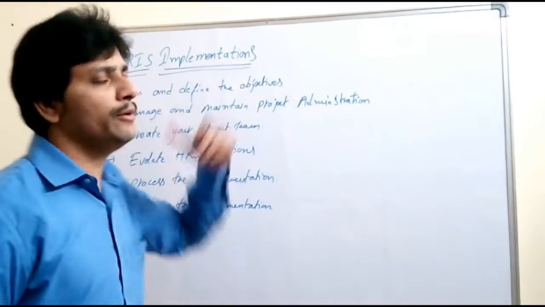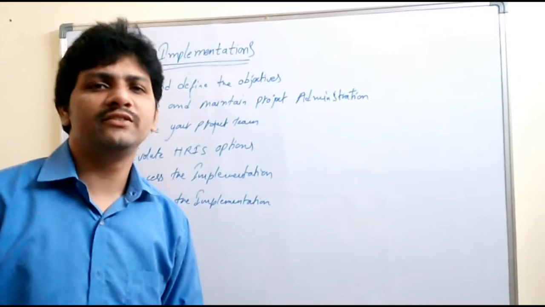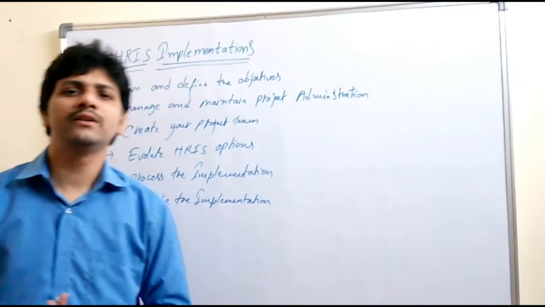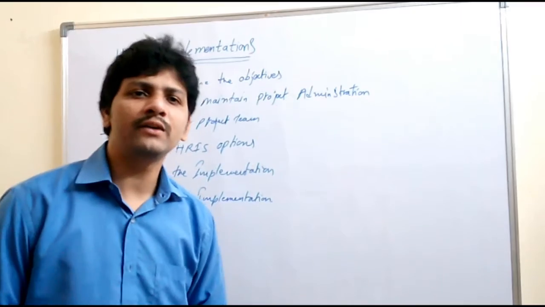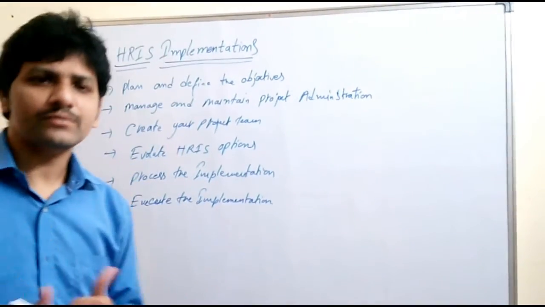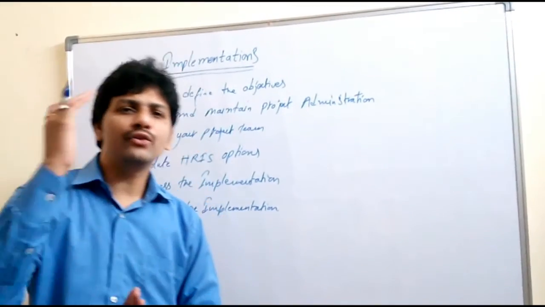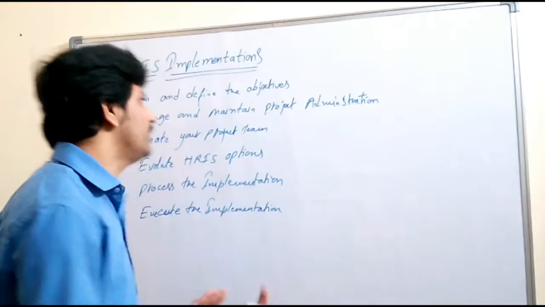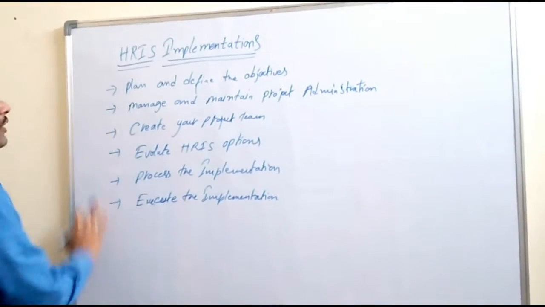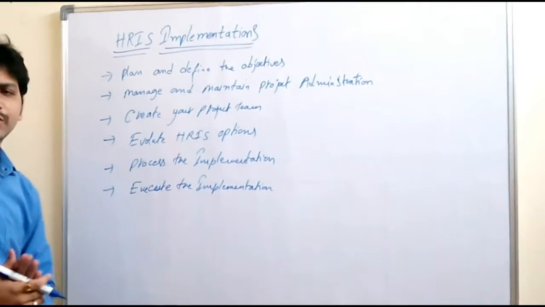In the SDLC there are five phases: analysis, designing, implementation, testing and deployment. In this lesson we are going to understand a few points regarding implementation, starting with plan and define the objectives.